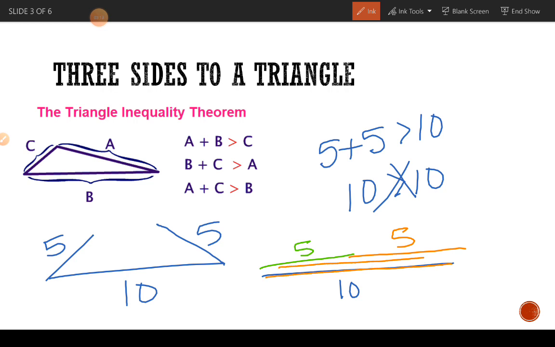We just have two lines on top of another. So we have to follow that rule that the two smaller sides need to be greater than the bigger side. Actually, all of the sides, if you add them up, are going to be greater than the third side, but we just need to check that the smaller ones are greater.